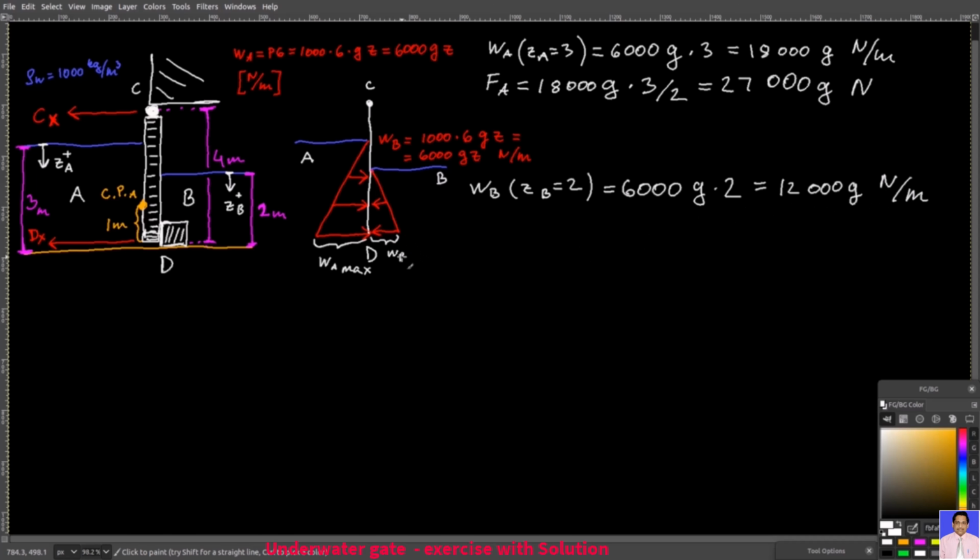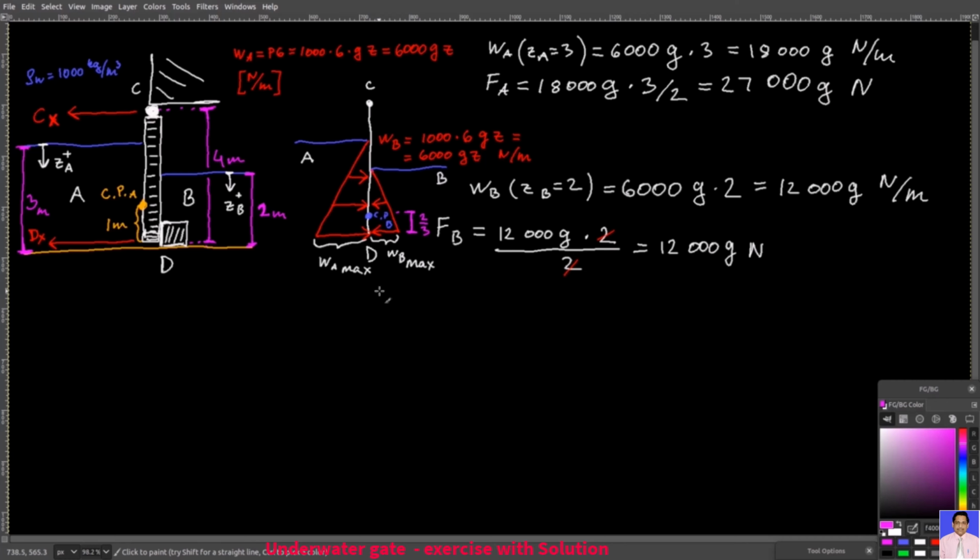So the force from the B side, that's 12,000 G, which is this side, times 2, which is the depth of water on the B side, divided by 2. The 2's are cancelled, and so you will have 12,000 G newtons. Its center of pressure, which corresponds to the one on the B side, from point D, it's 1/3 of 2 meters. So it's 2 over 3 meters.